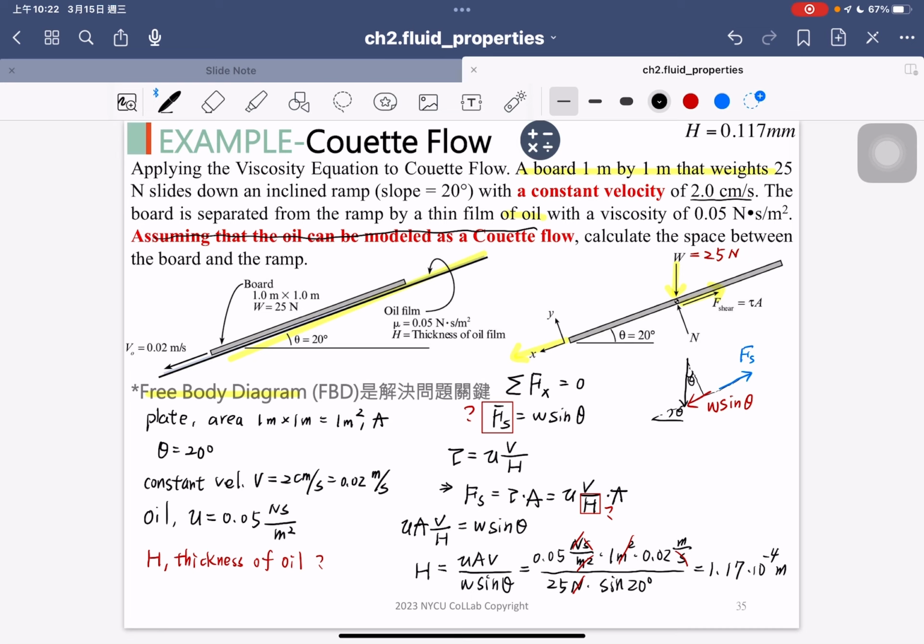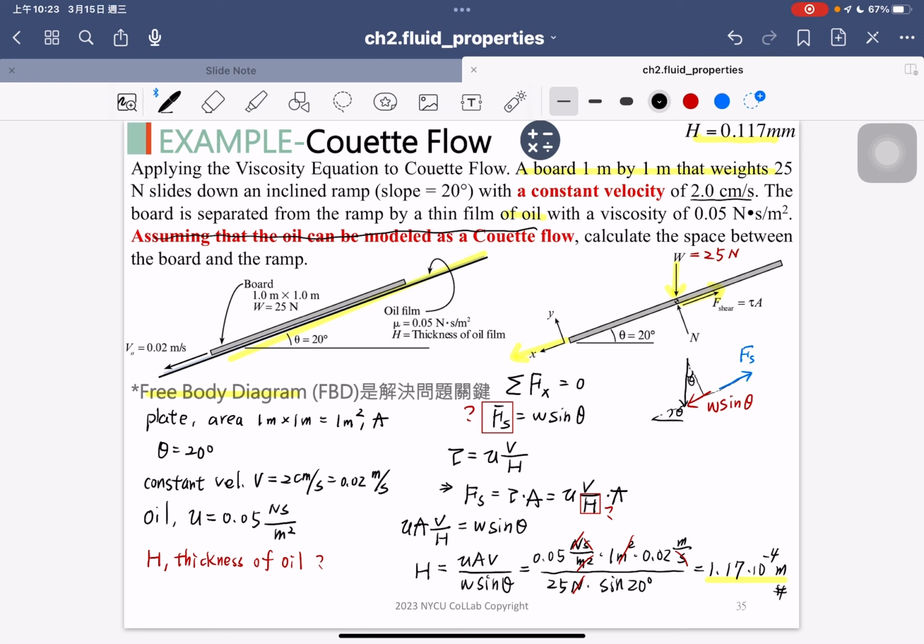And if you double check the answer showing here, compare with the top right corner, because the unit is different, the answer changes to millimeters. So you can check that they are the same solutions for these questions.